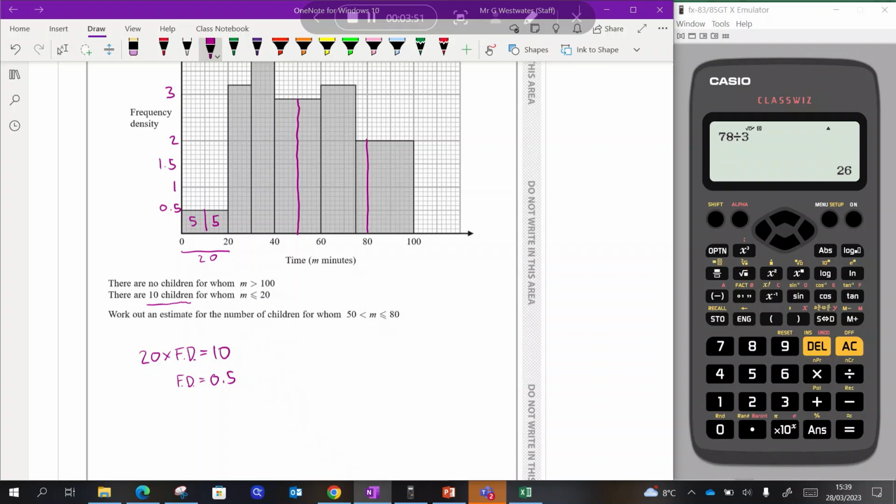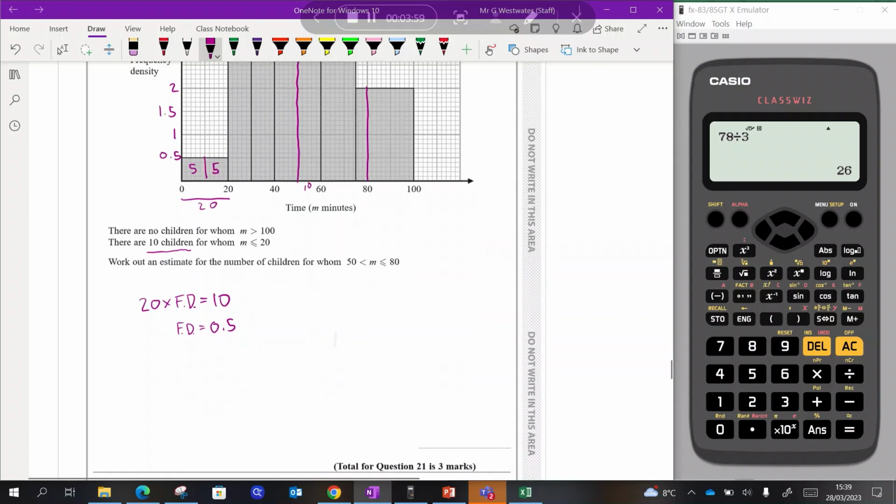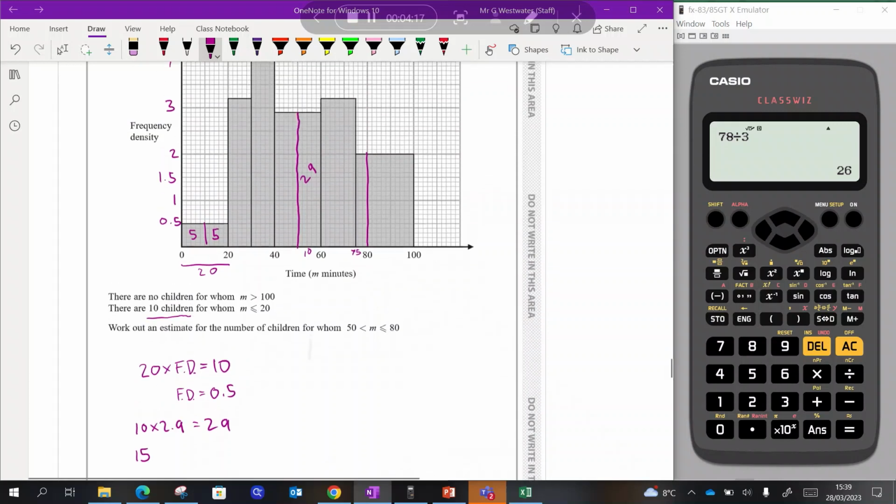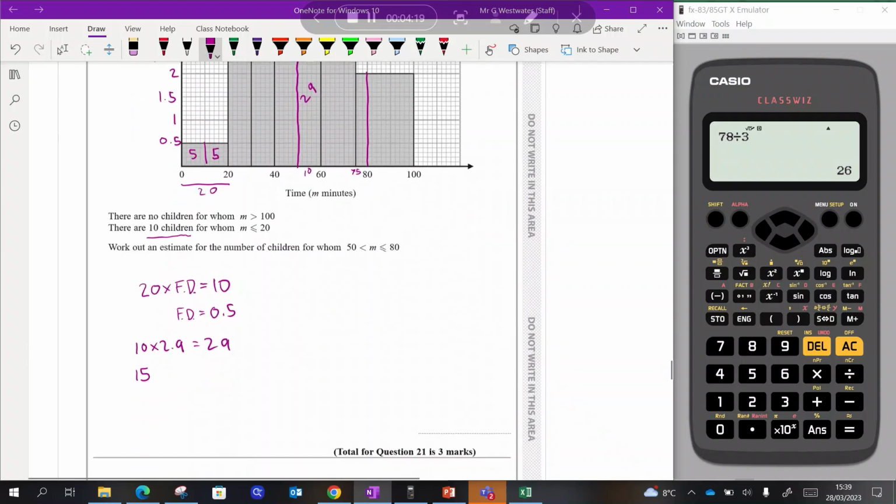Anyway, we have a width of 10 here, going from 50 to 60, and a height of 2.9. So 10 times 2.9 is going to be 29. We've got 29 in this band. Now going from 60, now this is 70 here, 80 here, so this looks like it's 75. So I've got a width of 15 and a height of 3.2.